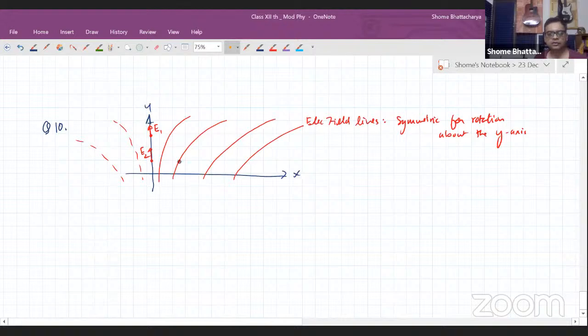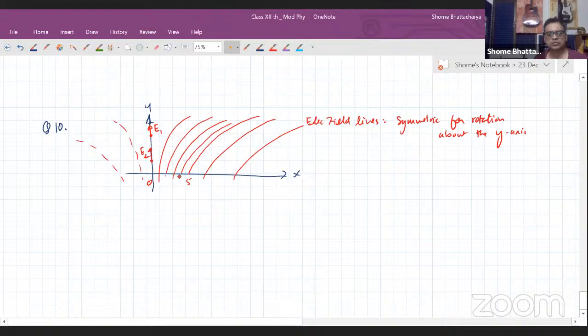Okay. Now they've also given us some indication where we can count the number of field lines between x equal to 0 and x equal to 5 as 5 field lines. Like this.